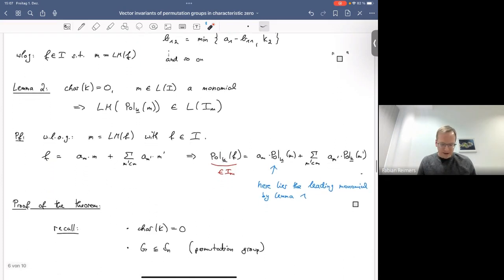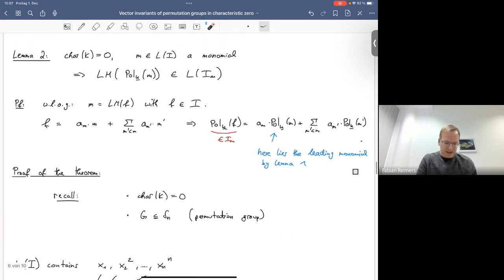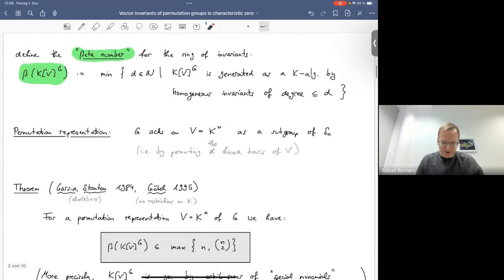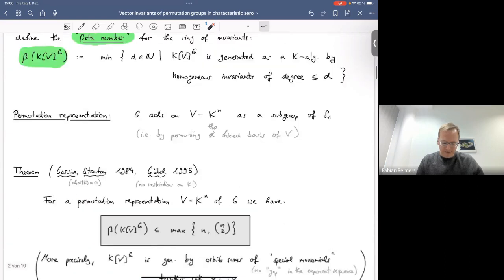Okay, so now we come to the last part, the proof of the theorem from Müffet and me. Let me quickly recall: we had characteristic 0, and we had a permutation group. In fact, maybe I should go back for one second.